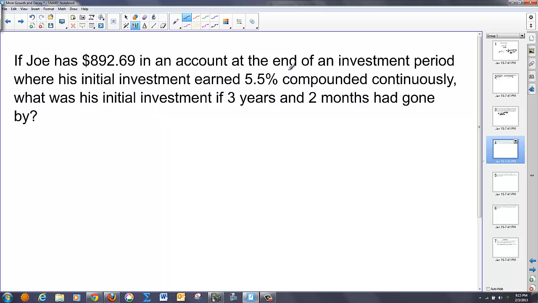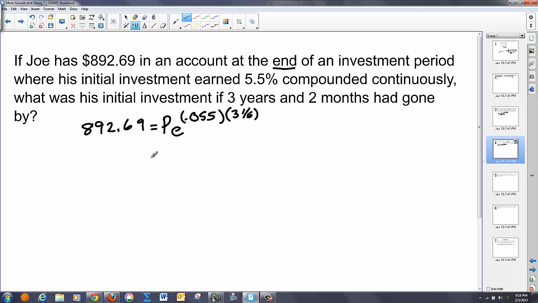Taking a look at the next problem. Now it says at the end of an investment, we have $892.69, and we're looking for the amount we invested after continuously compounding, so we use that P e to the RT again, at 5.5%, so that's 0.055, and we do this for 3 years and 2 months, so that's 3 1/6 years, right around there.